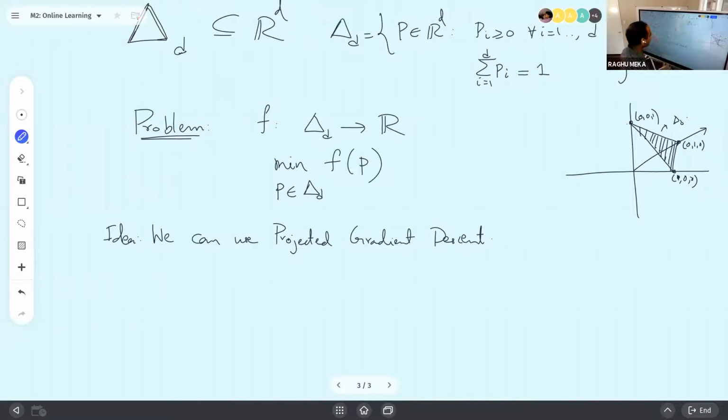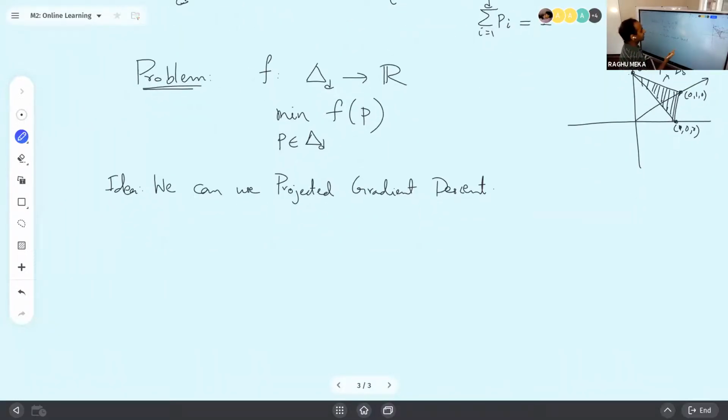What do you mean? So in the analysis of gradient descent, we talked about the case where f is convex, right? And we also assumed that f was smooth or Lipschitz and things like that. And when we are talking about the simplex, the geometry is important.